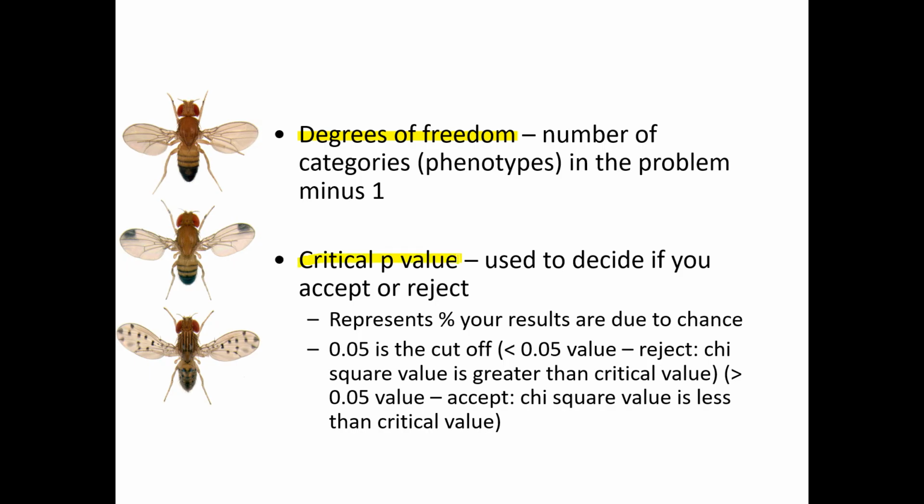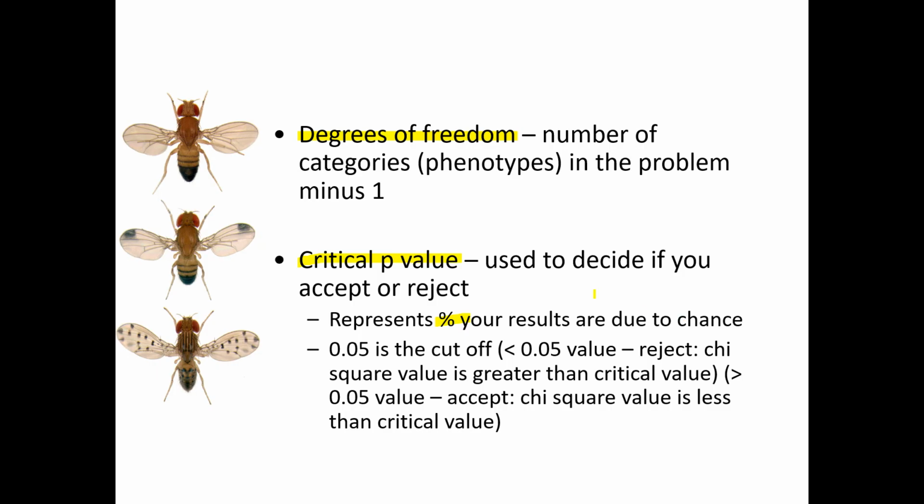Now, the critical p-value is the number that you use to decide if we're going to accept or reject. What the critical p-value is showing us is that these are the values that we would expect to get a certain percentage of the time. So it represents the percent that your results are due to chance. The higher that percentage is, the more it's probably just a random, chance thing, and so the higher your percentage is, then we're going to accept.